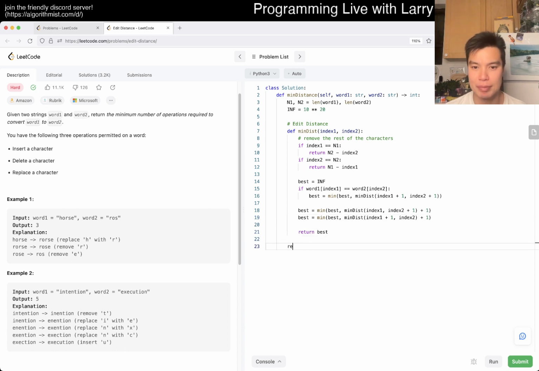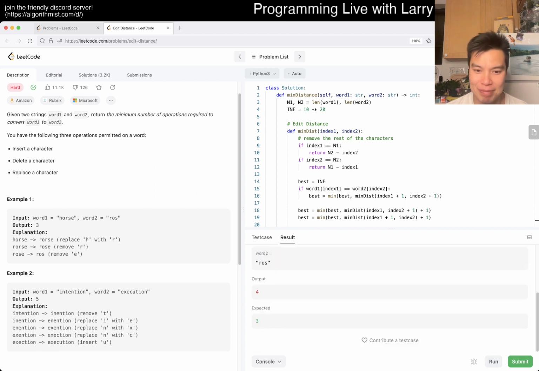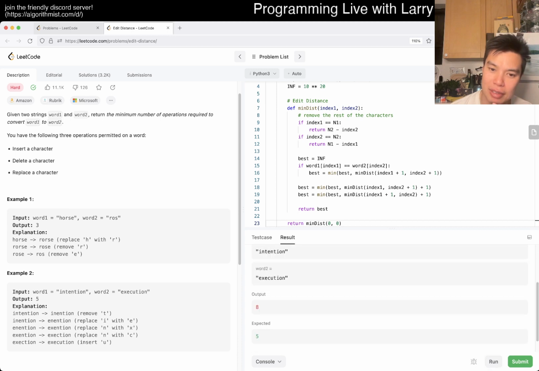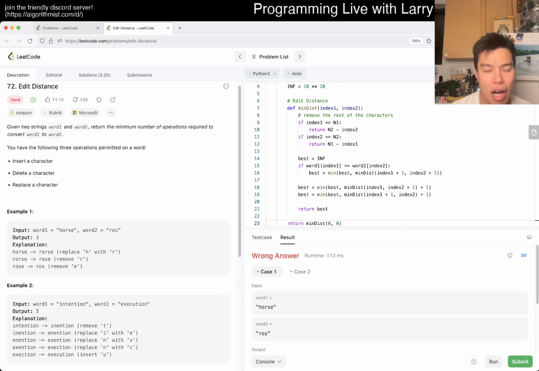And you start at the beginning. I know that I didn't do the memoization yet, so hang on. Did I mess up something? Wow, this isn't even close. Oh, I'm missing one operation, because here this is insertion, this is deletion, and then we can also replace.